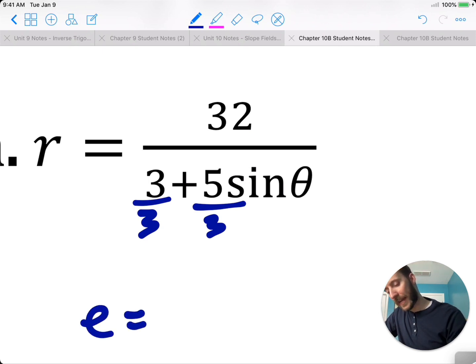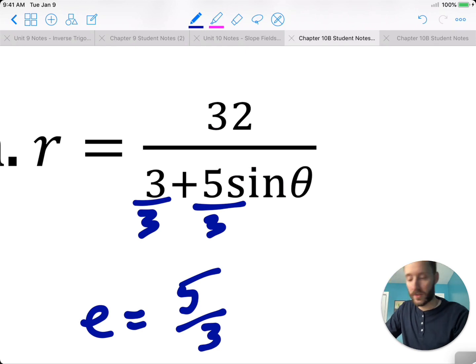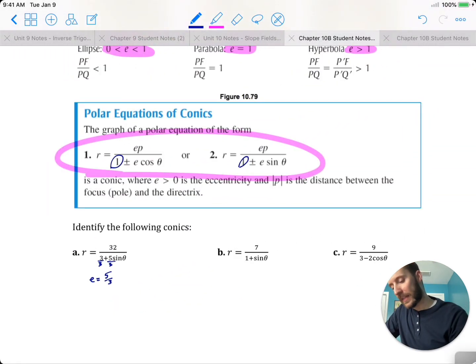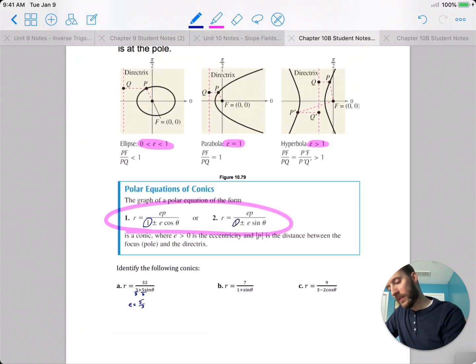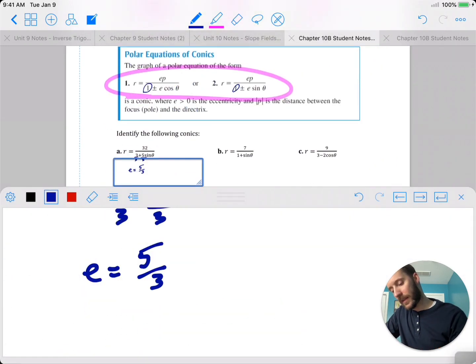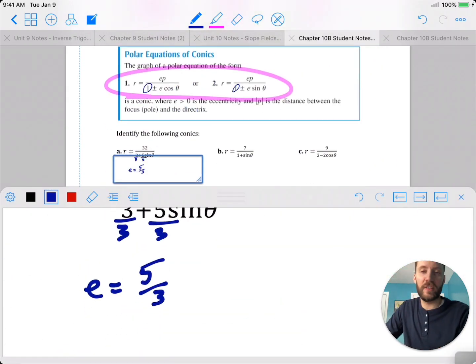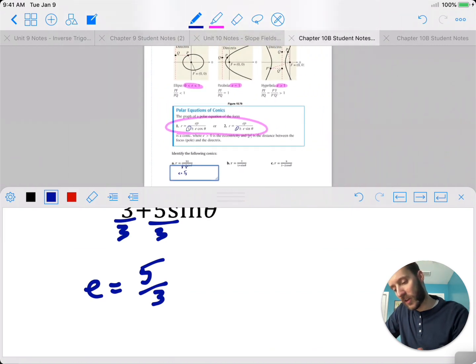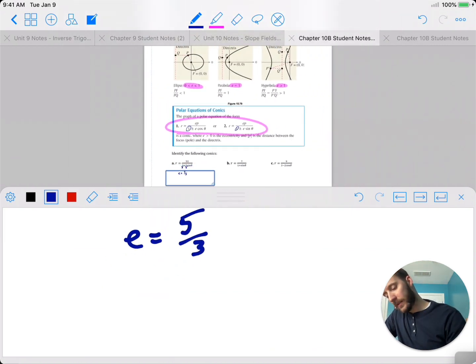And you find your eccentricity is 5/3. That's greater than 1. So example A, eccentricity of 5/3, greater than 1. If you do graph example A, you would get a hyperbola.